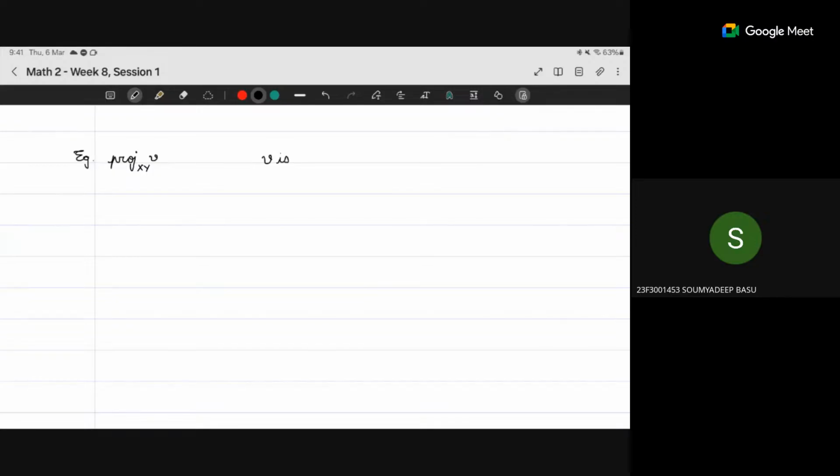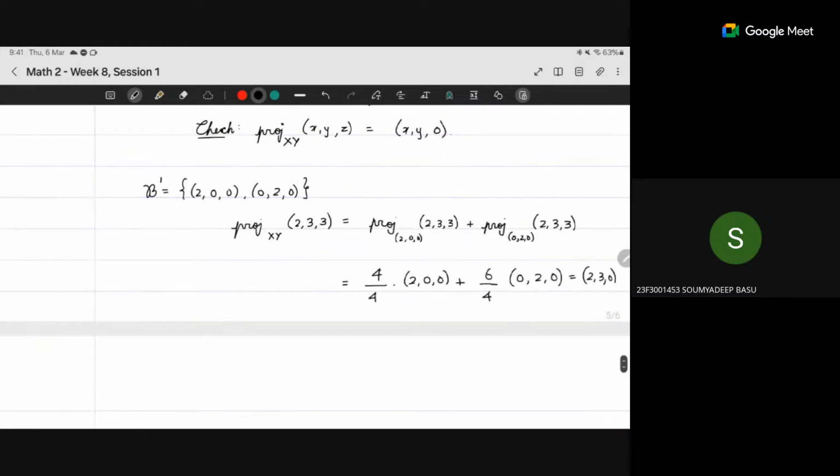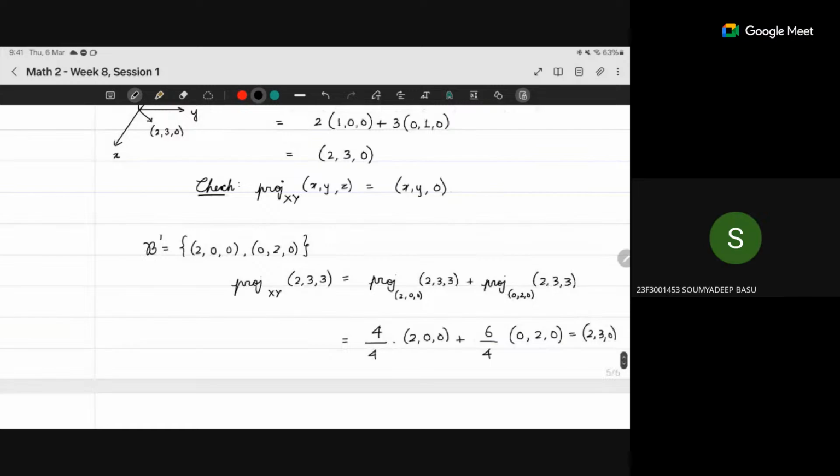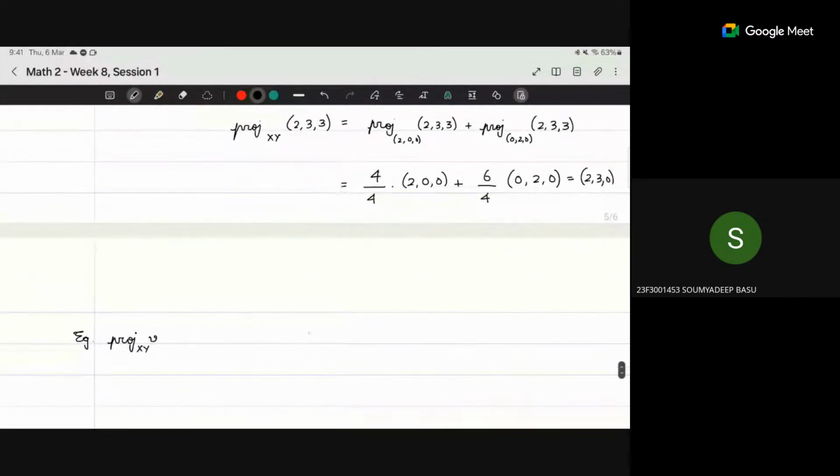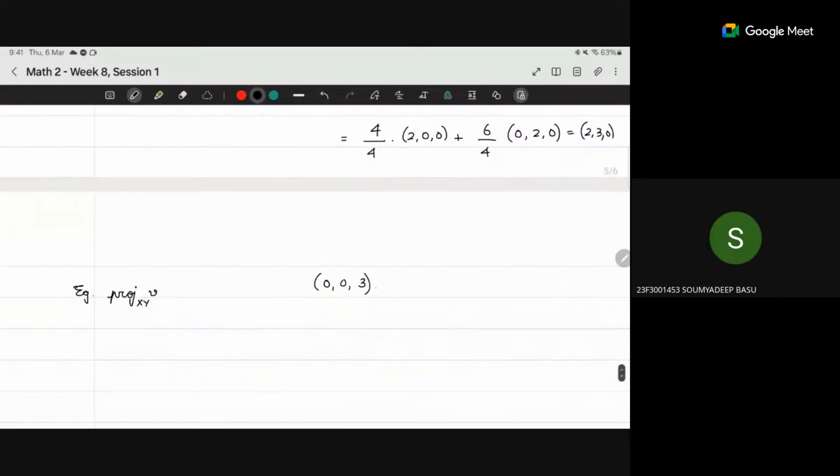V is any random vector which is not in the subspace. Like 2, 3, 3 is one such example. No, 2, 3, 3 is not in the subspace. Perhaps you mean something like 2, 3, 0 or 0, 0, 3 maybe. 2, 3, 0 was okay, sir.